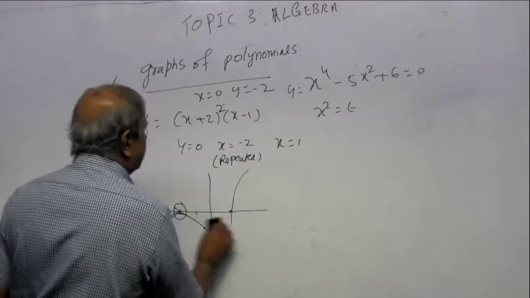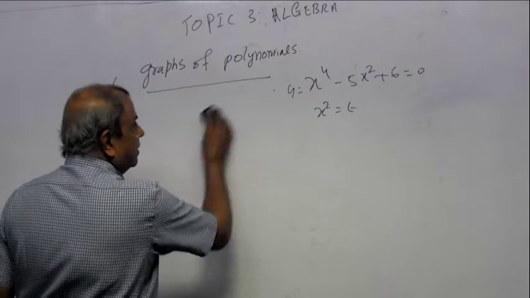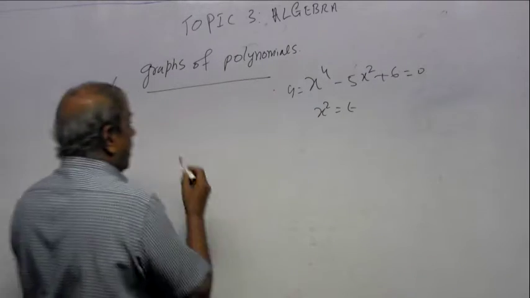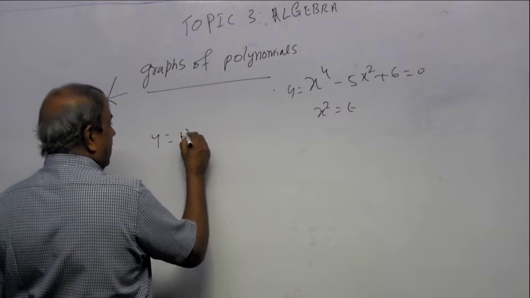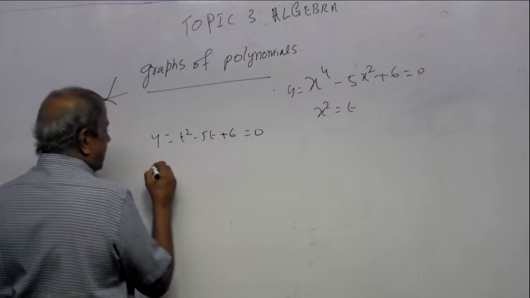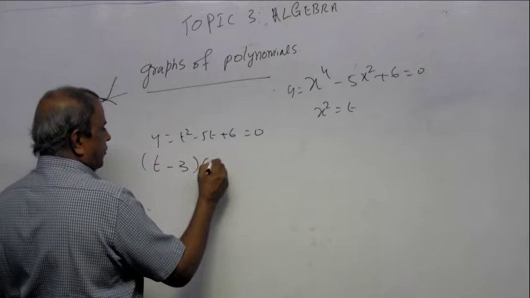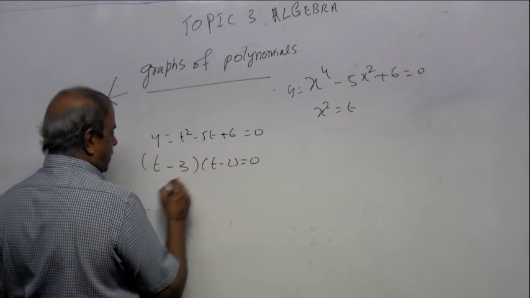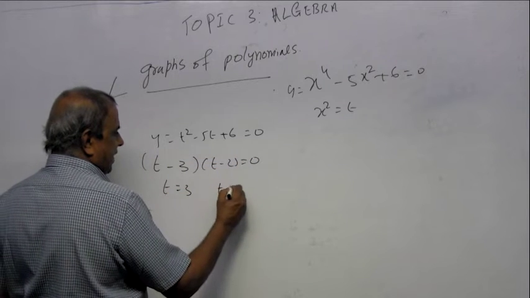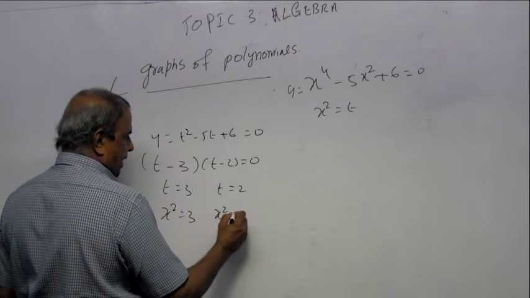If you call x squared as t, that will become y equal to t squared minus 5t plus 6. So if you put y equal to 0, I get t minus 3 times t minus 2 equal to 0. So t equal to 3, t equal to 2. So x squared equal to 3, x squared equal to 2.